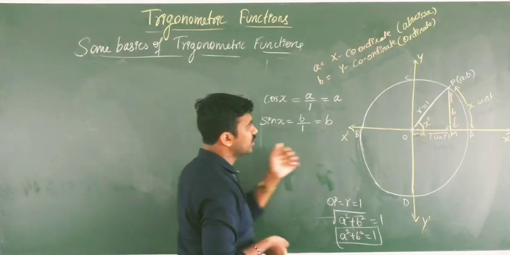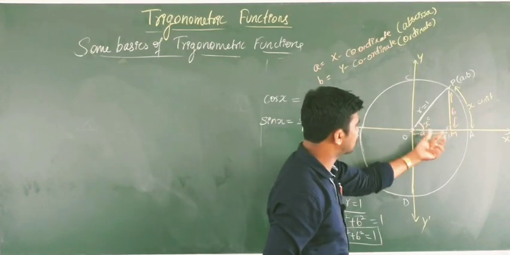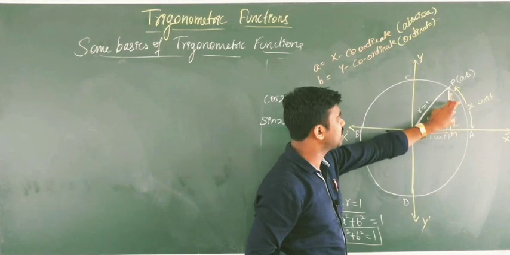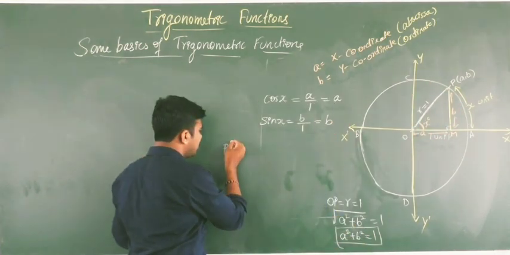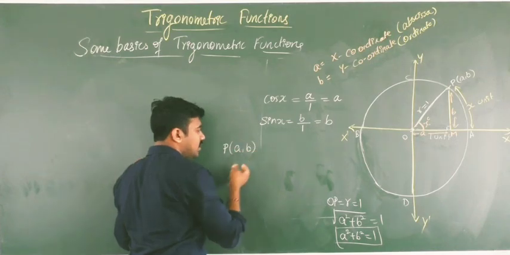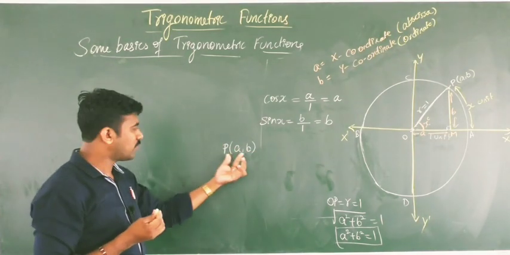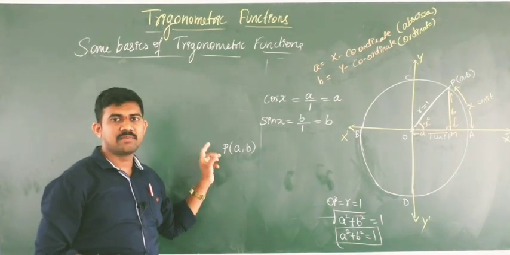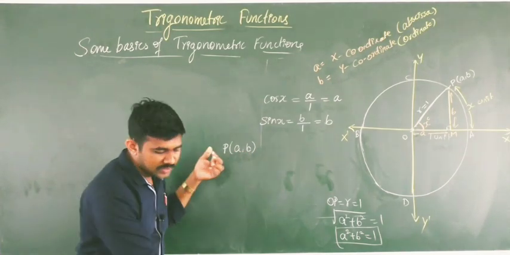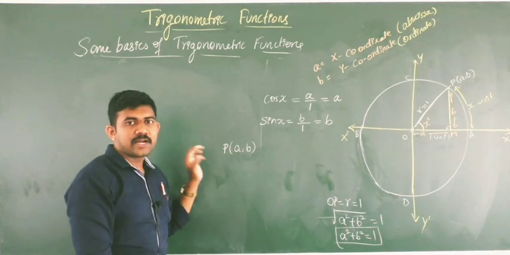So we can say cos x is a, sin x is equal to b. So a is nothing but cos x, b is nothing but sin x. So the coordinates of point P, that is a comma b, is in Cartesian form.